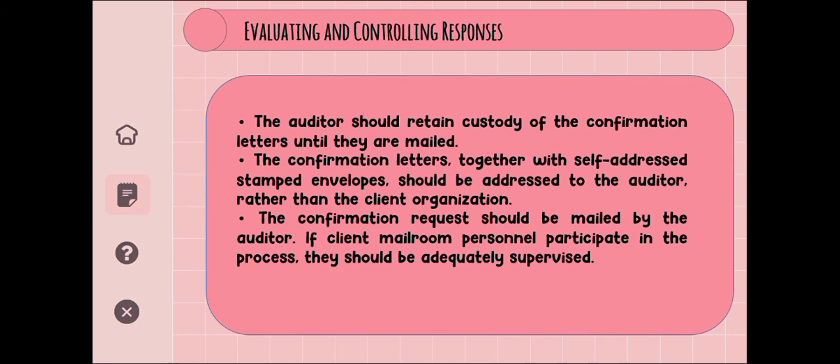Thus, the auditor should retain custody of the confirmation letters until they are mailed. The confirmation letters, together with a self-addressed stamped envelope, should be addressed to the auditor rather than the client organization. Third, the confirmation request should be mailed by the auditor. If client mailroom personnel participate in the process, they should be adequately supervised.